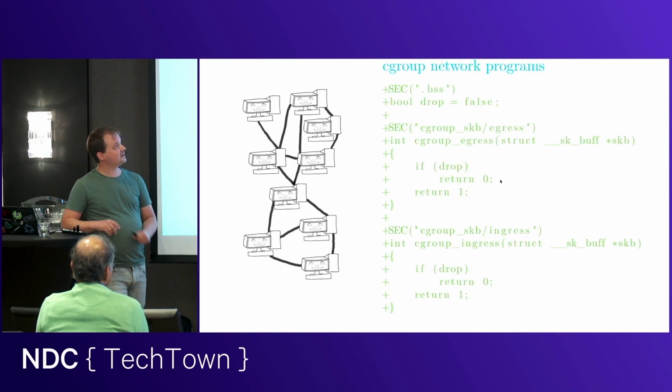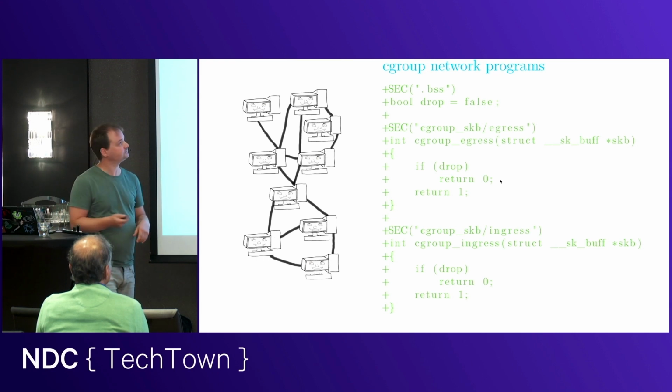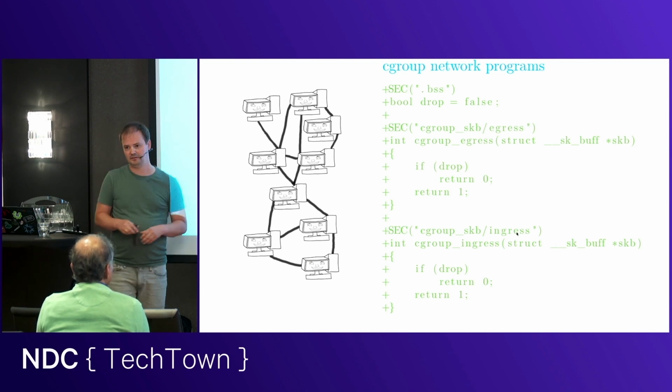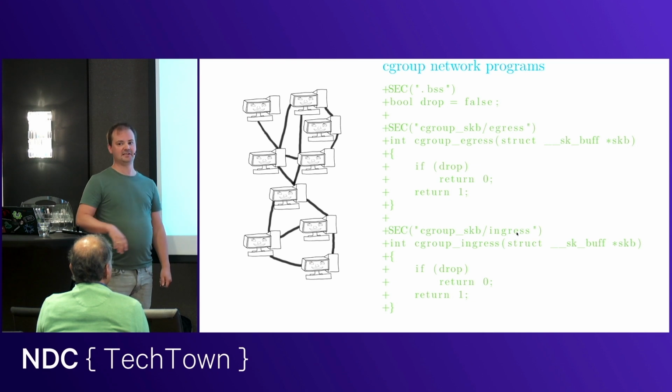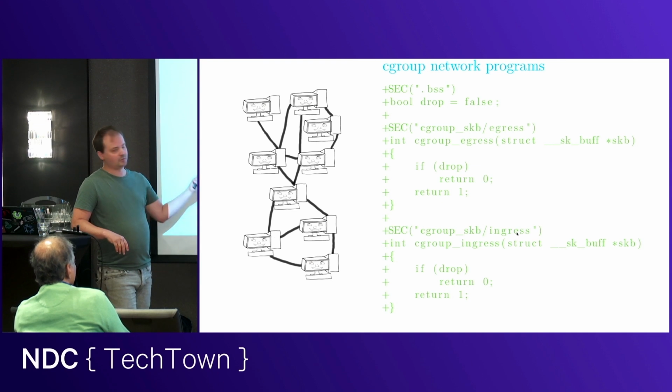And for this, I created some very simple eBPF programs. So we connect to the Cgroup SKB egress and ingress hooks. So basically, whenever a packet is leaving or entering this Cgroup, or leaving or entering something in the Cgroup is more correct probably, I want to run these programs.